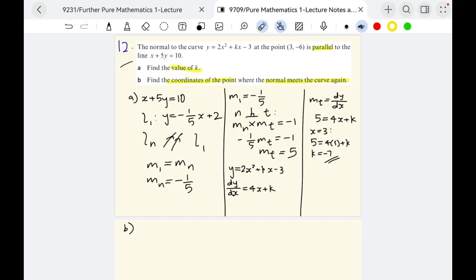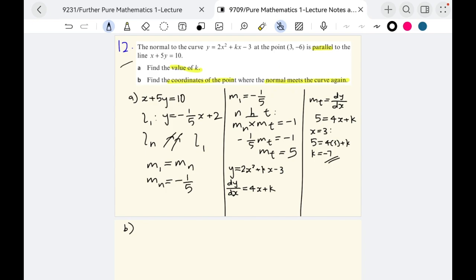Highlight the keyword, coordinates of the point. By assuming that the k you found is -7, find the coordinates of the point where the normal meets the curve again. Which means that the coordinates you find cannot be (3, -6), because it implies that (3, -6) is one of the intersection points between the normal and the curve. So you have to carry out the simultaneous equation.